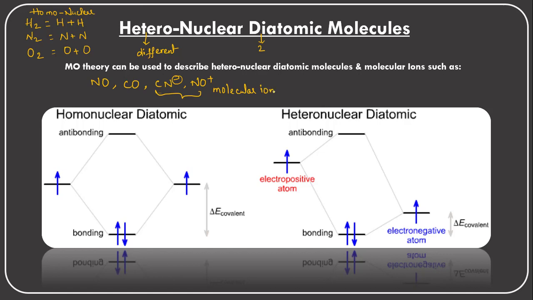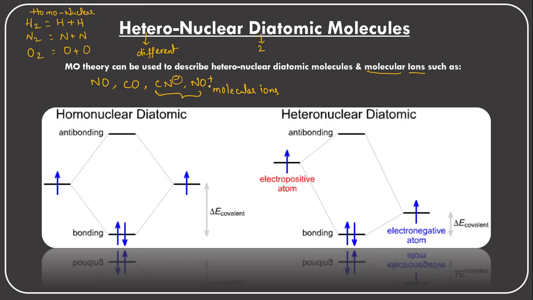Molecular ions, right? Here I have mentioned the molecular ions. This can be used to describe heteronuclear diatomic molecules and molecular ions also. And these molecular ions have one special feature: the total number of electrons present in these two heteronuclear diatomic molecular ions is the same.